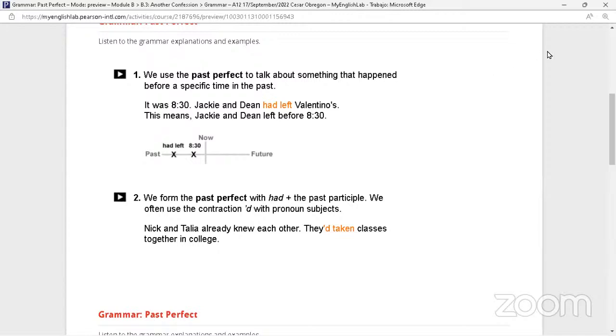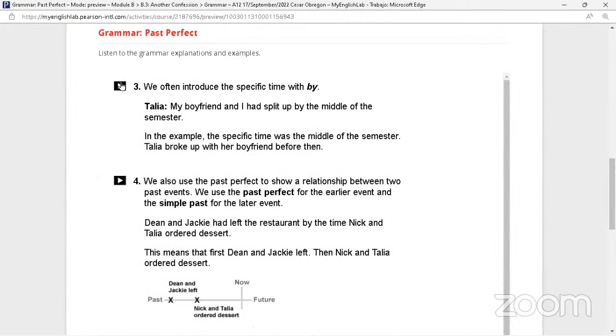No questions. 3. We often introduce the specific time with by. My boyfriend and I had split up by the middle of the semester. In the example, the specific time was the middle of the semester.